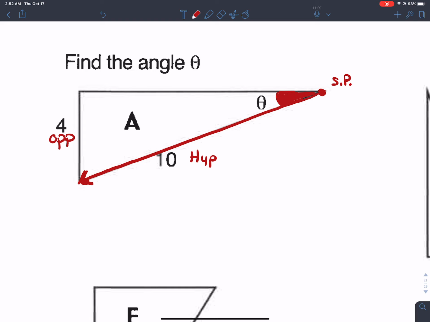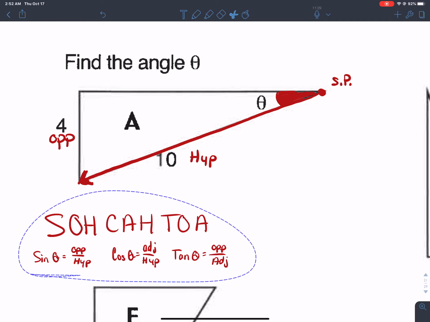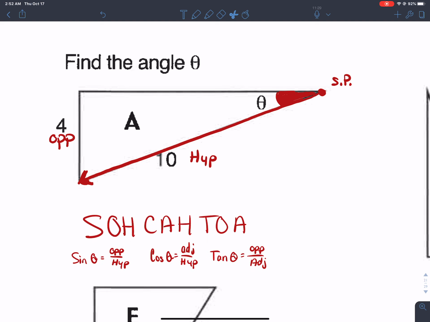But now all of a sudden you're not given the angle, you're just given what the two sides of your vector diagram actually are. You're given the 4, you're given the 10, and now you have to go backwards to find out your angle. So we need to figure out which trigonometric function first has those values. So we're going to look at some SOHCAHTOA here.